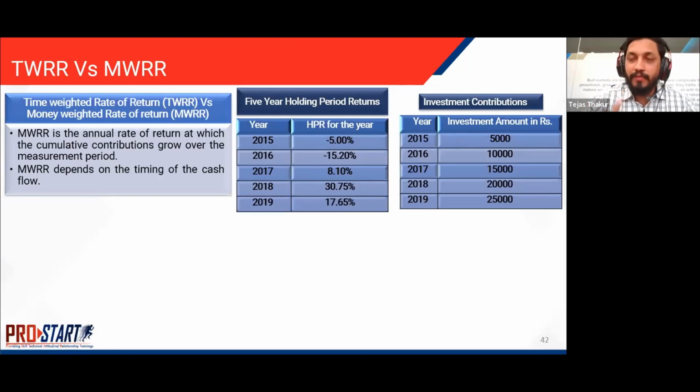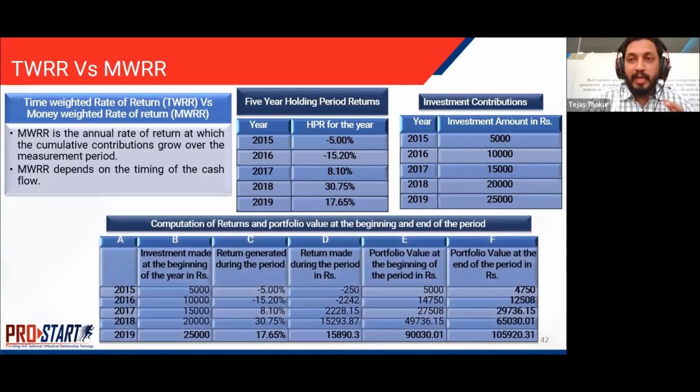It is at the beginning of each year because only then that 5,000 will have that return of -5% in the first year. So if you just cumulate the contributions, it's 75,000 rupees that has been invested by the investor in a period of 5 years.